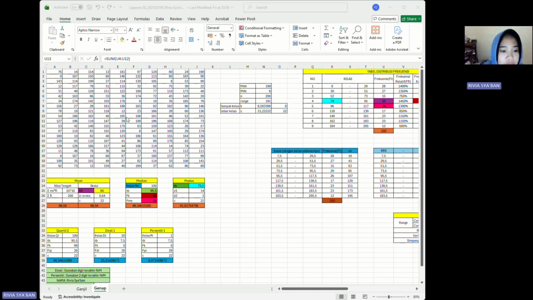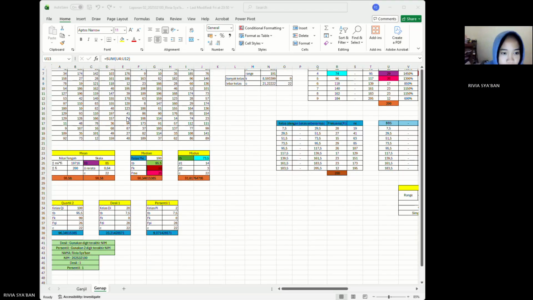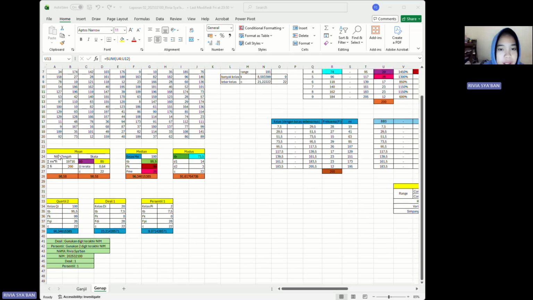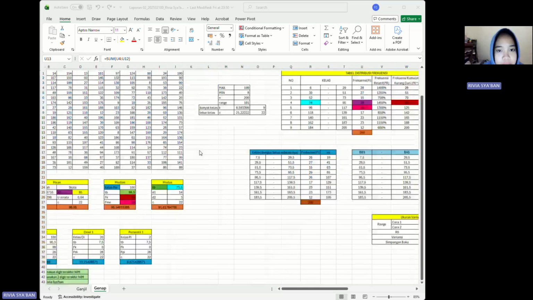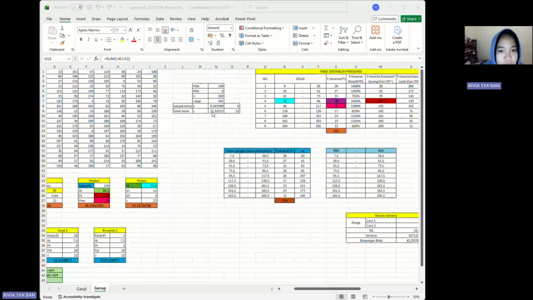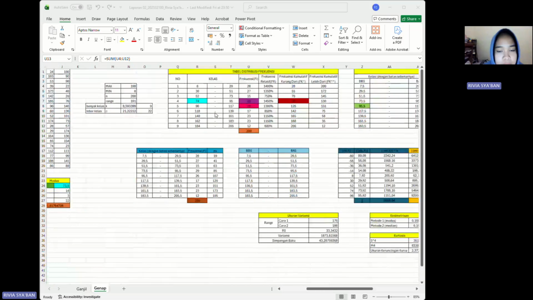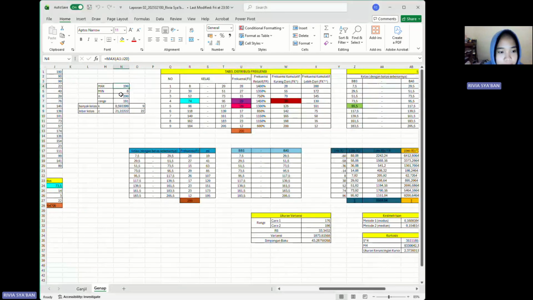The first step is to organize the data. The maximum is 199 and the minimum is 8. The total number of data, or n, is 200.